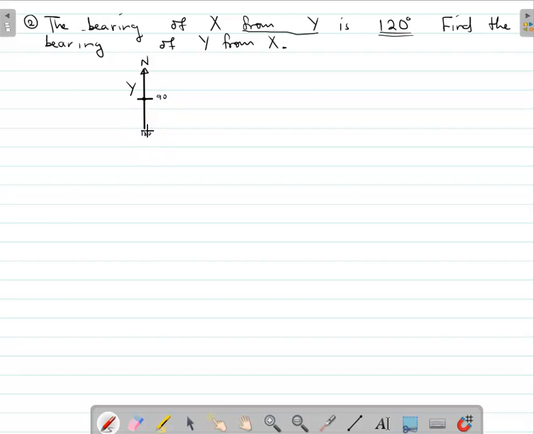So 120 is between these two, so the line should come something like this. Okay, right, so that's where our x is. Since we are going to find the bearing of y from x, obviously we need to put the north of x, like that.